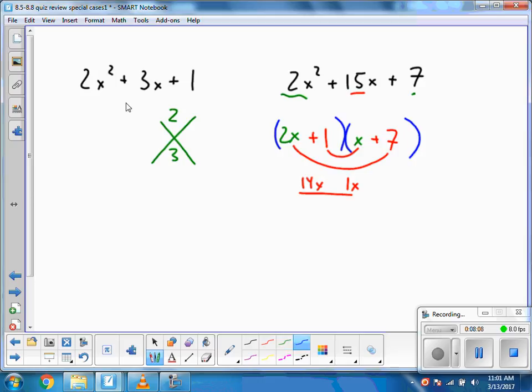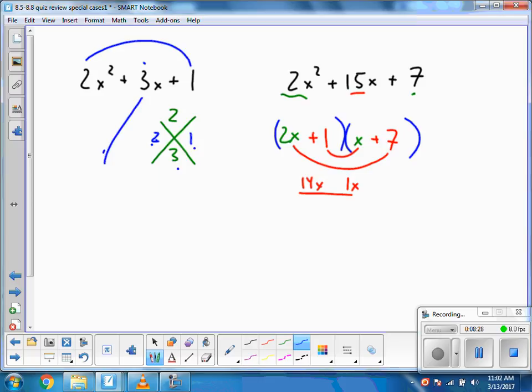Do you see where I'm getting that from? My b term, and then the 2 is coming from 2 times 1. So what times what is going to get me 2? So 2 plus 1 gets me 3. 2 times 1 gets me 2. Okay, so these are all my terms.